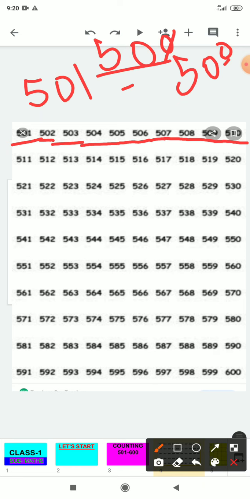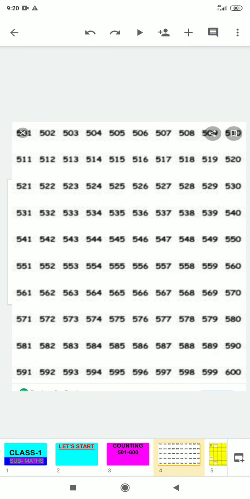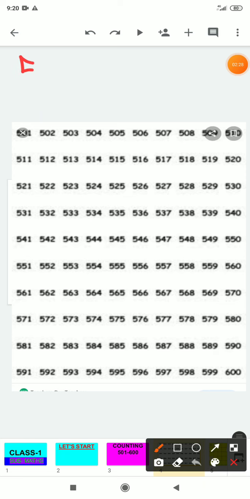Whenever you are writing all these things, you should know 501. How do we read this number? We will read this number in this way: 501. The 0 belongs to 100.